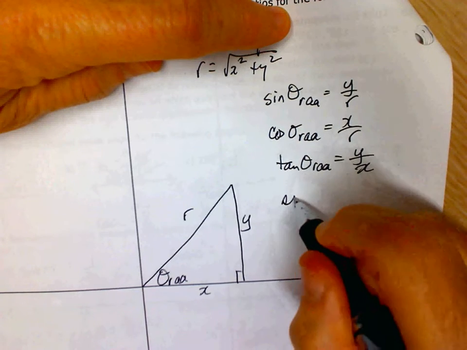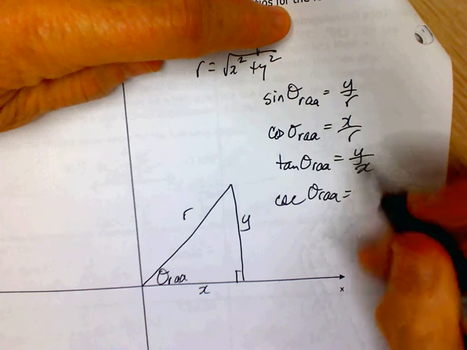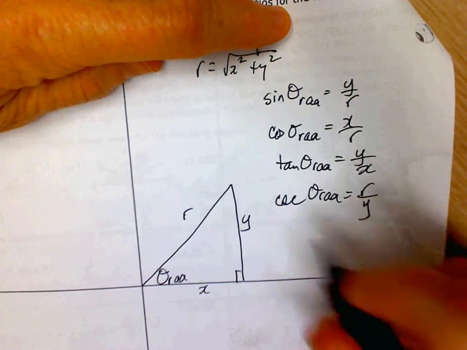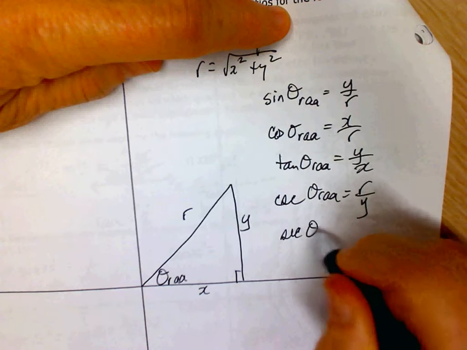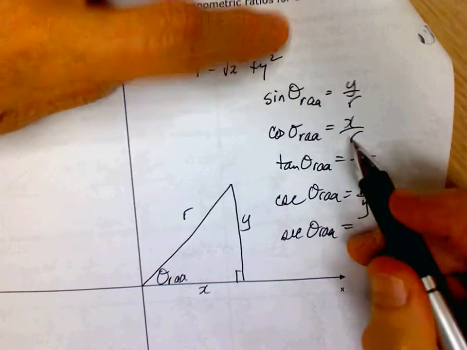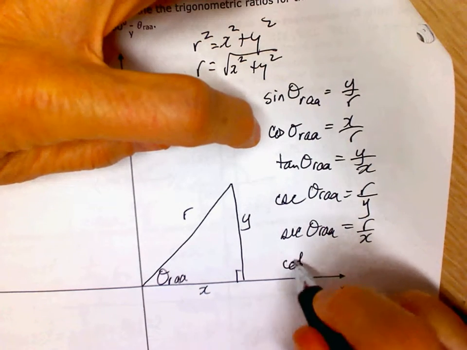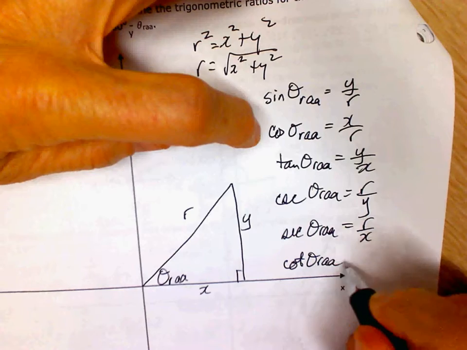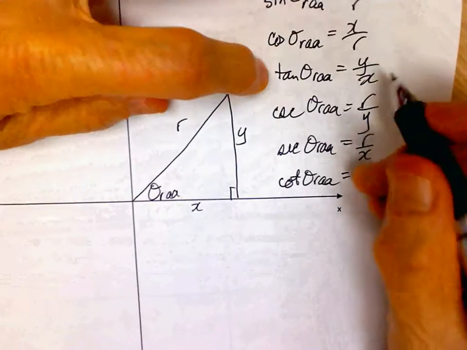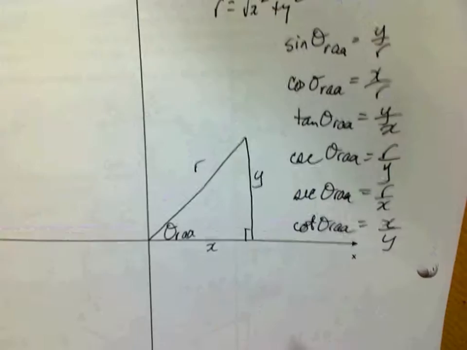Cosecant of theta RAA is the reciprocal, r over y. Secant of theta RAA is equal to the reciprocal of cos, which is r over x. And cotangent of theta RAA is equal to the reciprocal of tan, which is x over y. So far, so good?